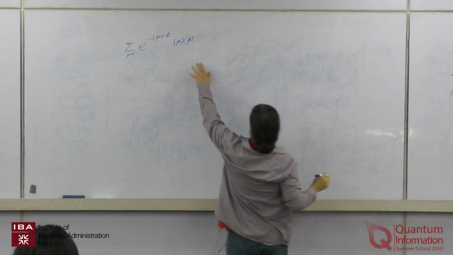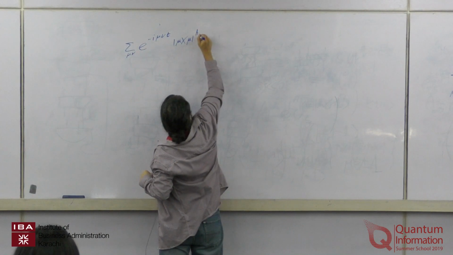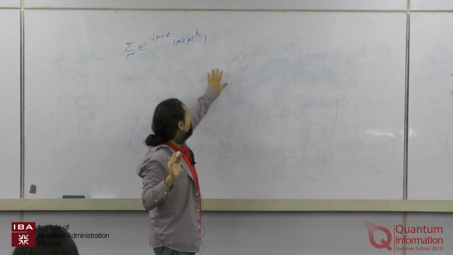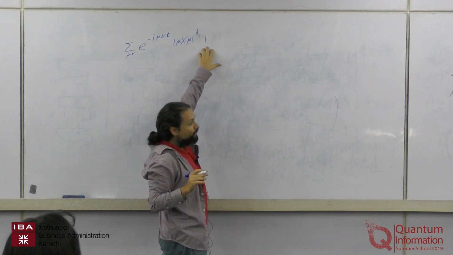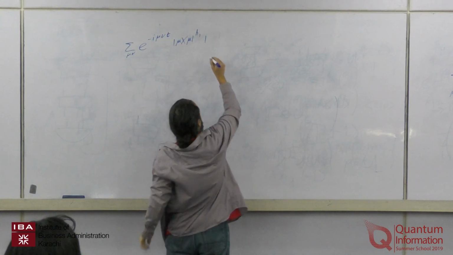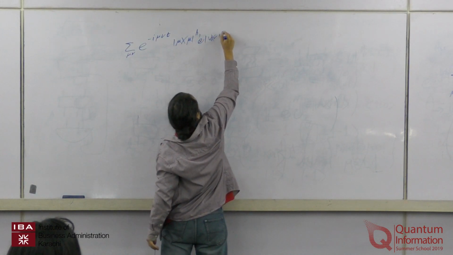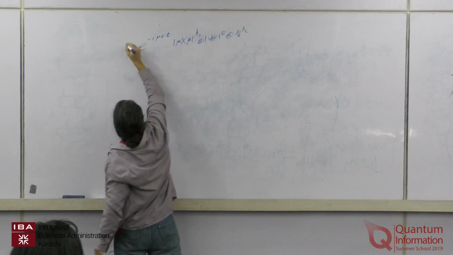So which system is this one? A1. And then we have mu A1, and then we have mu E, and then we have identity for A2.